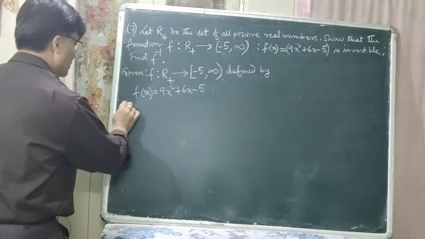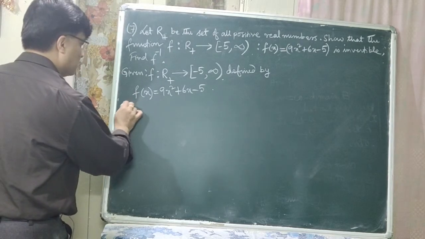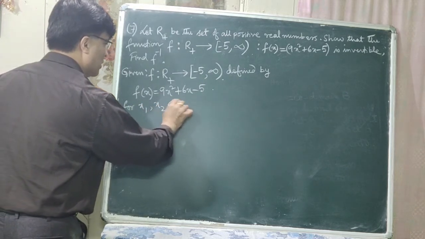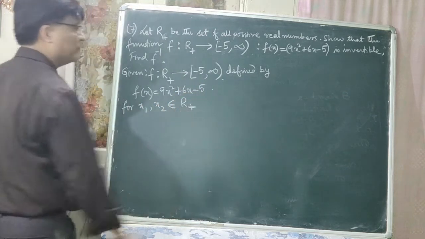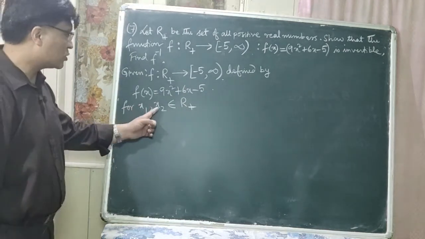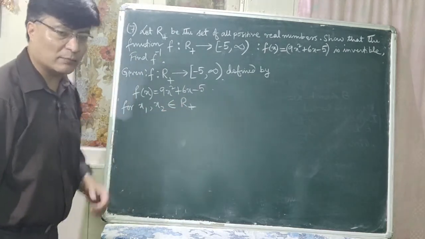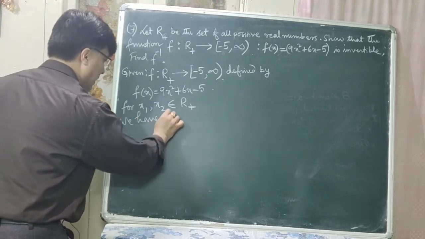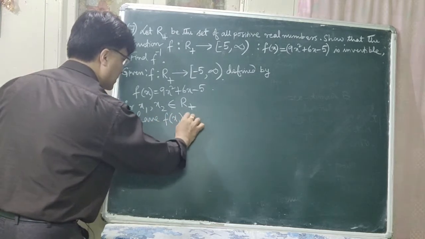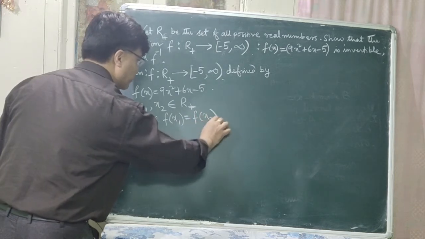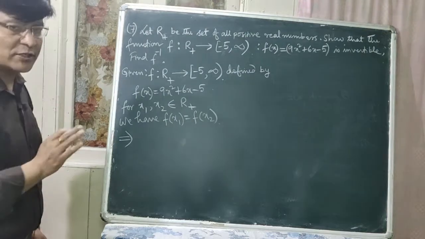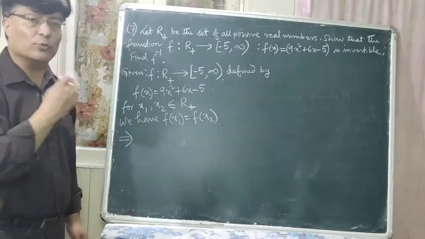Now you know that for x1 comma x2 belongs to R positive, that is, x1 comma x2 belongs to all positive real numbers. So we have f of x1 is equal to f of x2, right? First of all, you prove that f is 1 1.